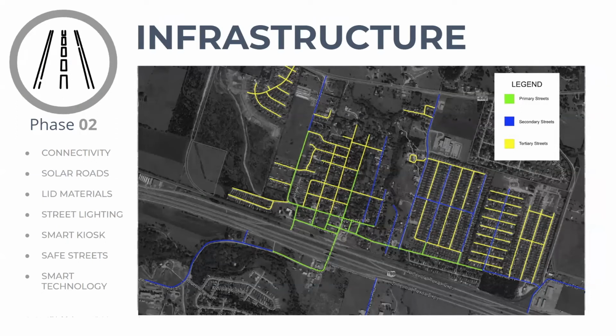Next in phase 2 is the development of infrastructure throughout Nolanville, focusing mainly on connectivity within the city, solar roads, low impact development materials, smart street lighting, kiosks, safer streets, and smart technology.